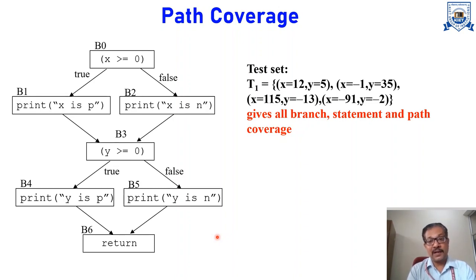Once path coverage is there, automatically the statement coverage will be there and also the branch coverage will be there, right? So in this class we discussed that in reality, practically, it is not feasible to test with all the data, whether valid or invalid. Similarly, all possible paths are not possible, because some control flow graphs have a loop.